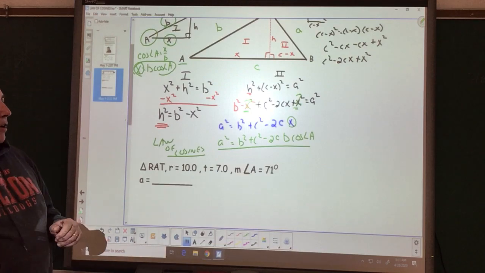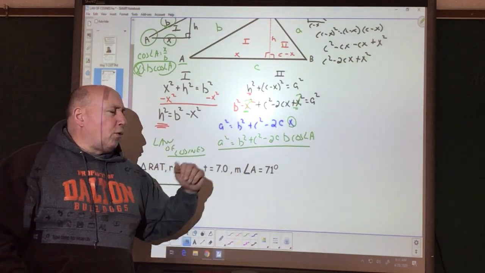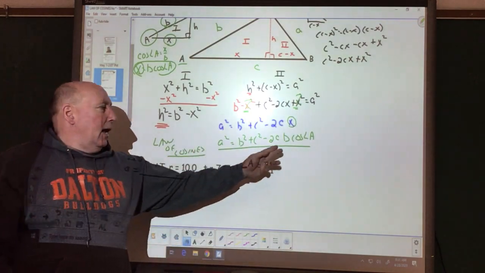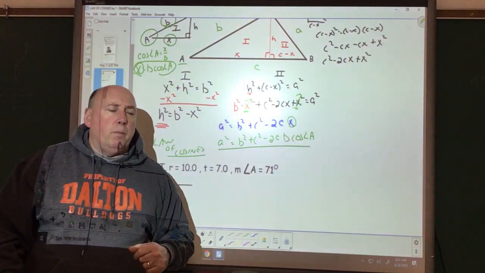This is the law of cosines, which relates three sides together and also an angle.